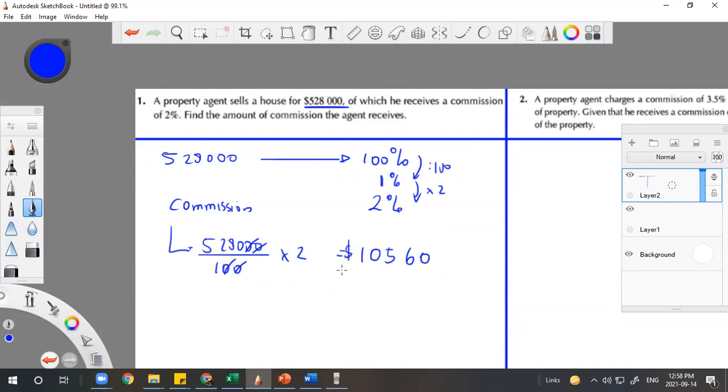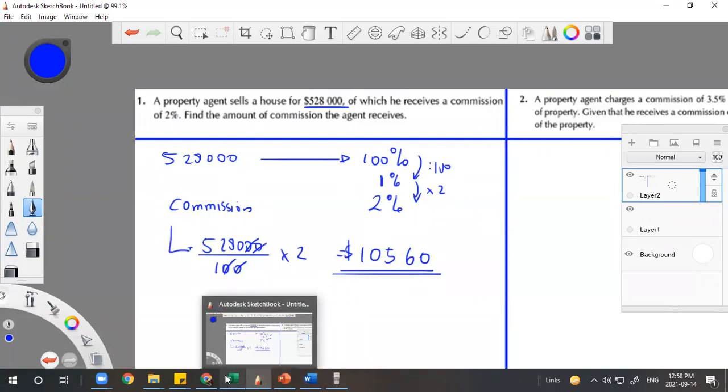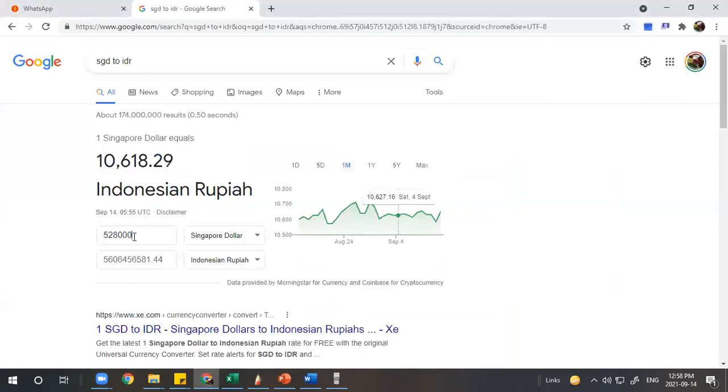10,560 dollars. Ini udah more than the minimum wage of Singaporeans. Coba kita lihat 10,560 berapa duit ya? 10,560. Dia udah bisa dapat 112 juta, man. 112 million rupiah for selling one apartment. Mantap ya.